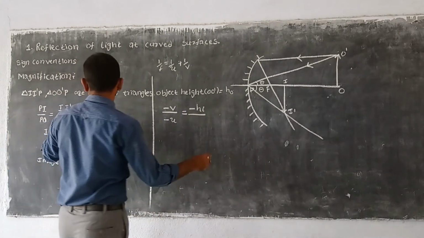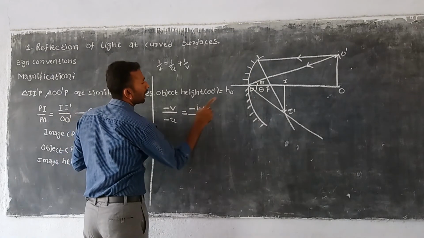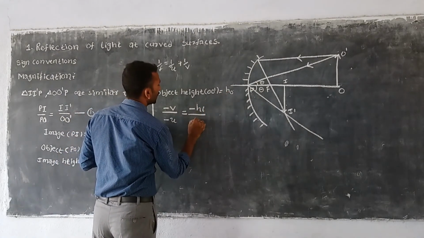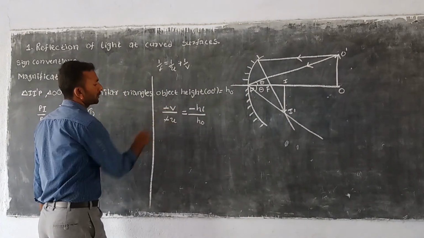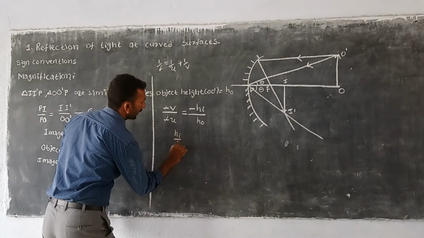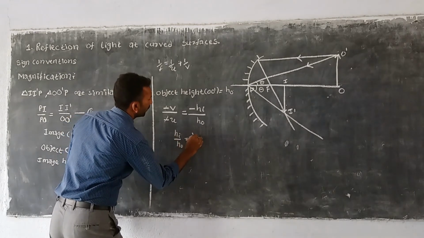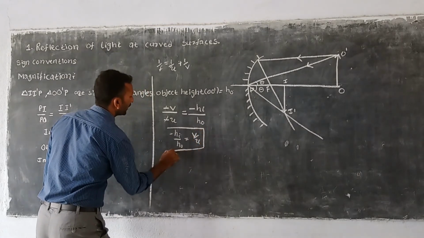O dash O is the object height, HO, a positive value. The minus signs cancel, and minus HI by HO equals V by U.